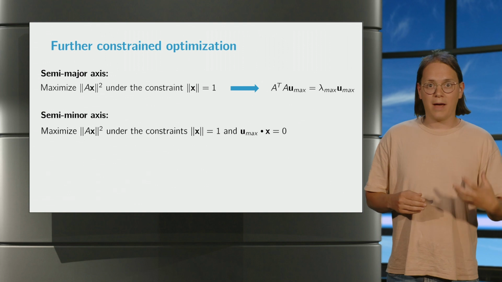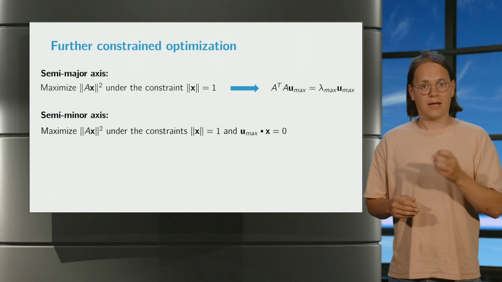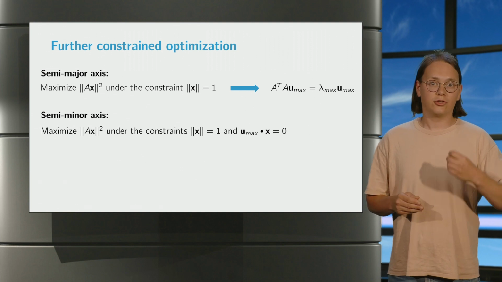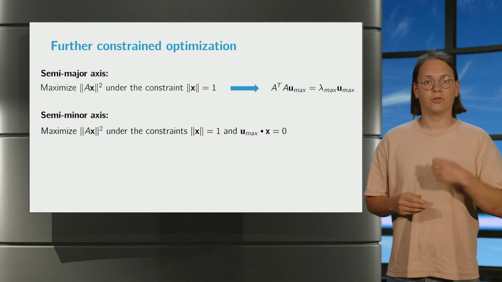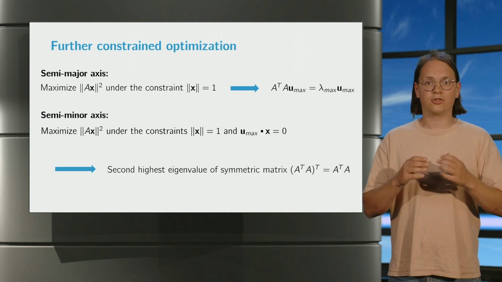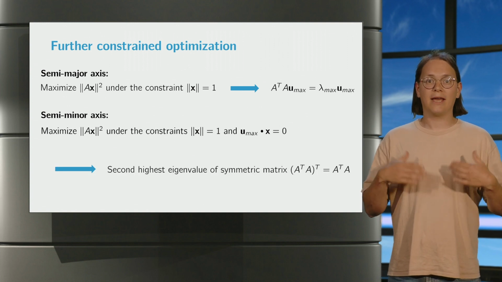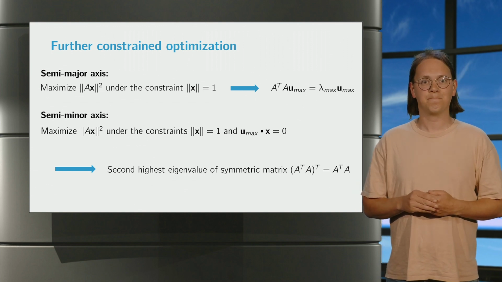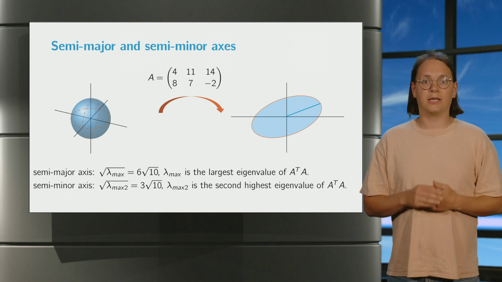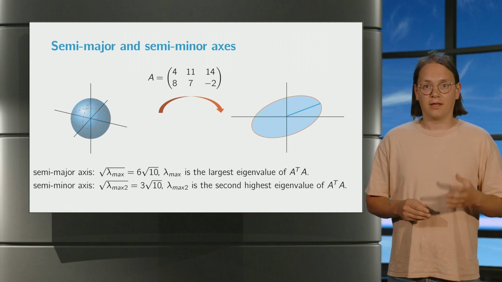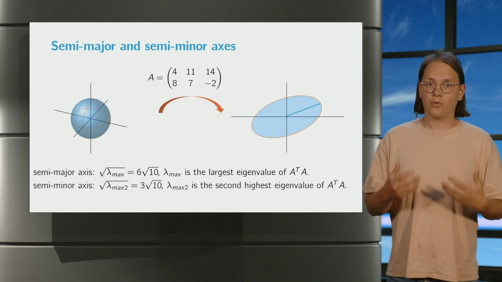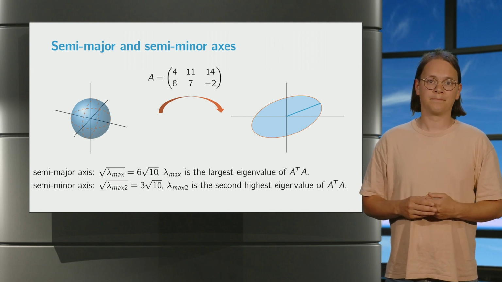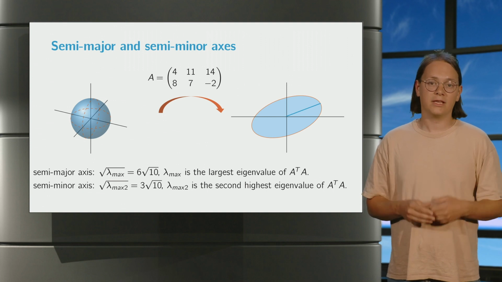So if u max is the eigenvector of A transpose times A corresponding to the maximal eigenvalue, then we want the additional constraint that u max dot x is equal to 0. This constraint optimization yields simply the eigenvector corresponding to the second largest eigenvalue of A transpose times A. So similarly to the semi-major case, the length of the semi-minor axis is given by the square root of the second largest eigenvalue of A transpose times A. Of course, the minimal eigenvalue is 0 in this case.